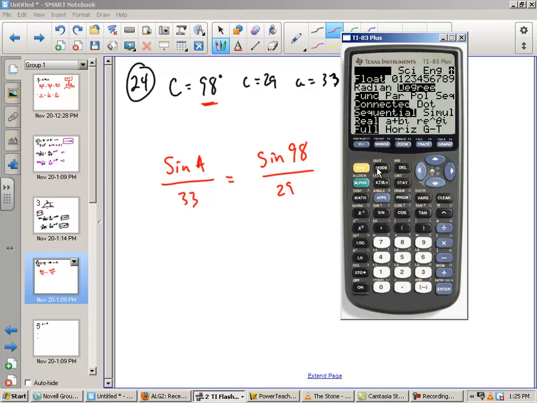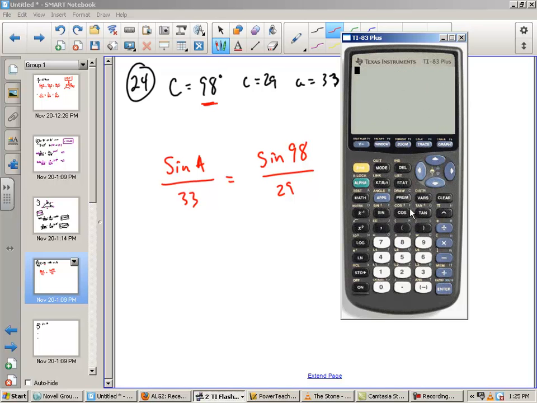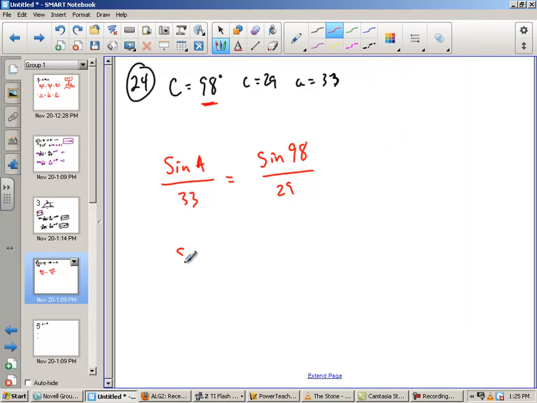I'm going to make sure that I'm in degree mode, which I am. And I'll take the sine of 98. I'm going to divide that by 29. And then to move this over, I'd just be multiplying by 33. That's 1.13. So the sine of A equals 1.13.